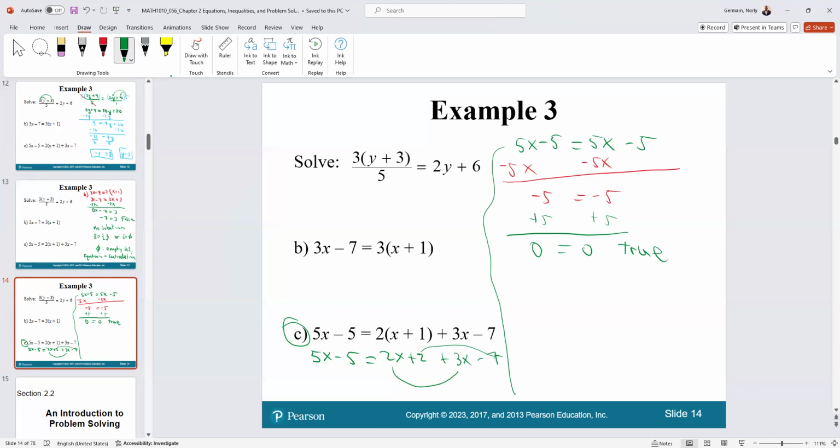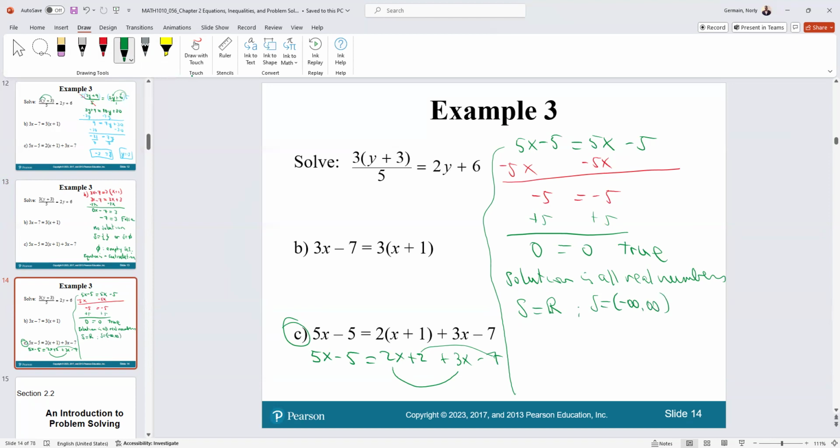And since this equation will be true for every x that is substituted into the equation, we can say the solution is all real numbers. We can write the solution as R, or you can put parentheses, negative infinity, infinity.